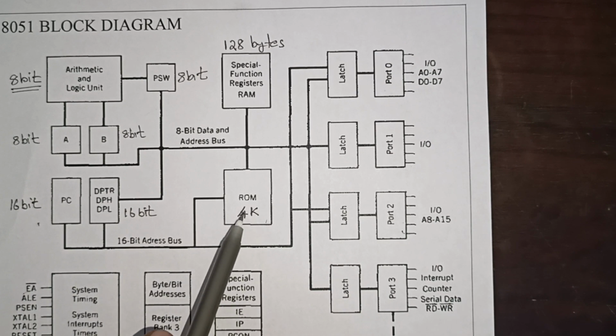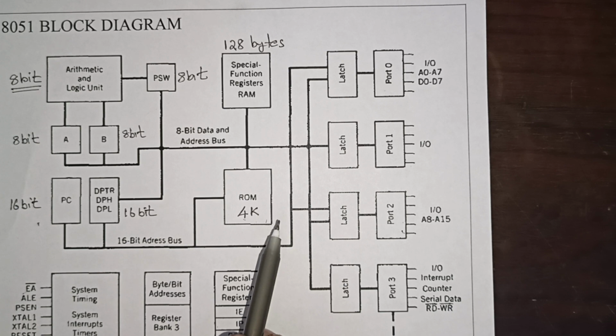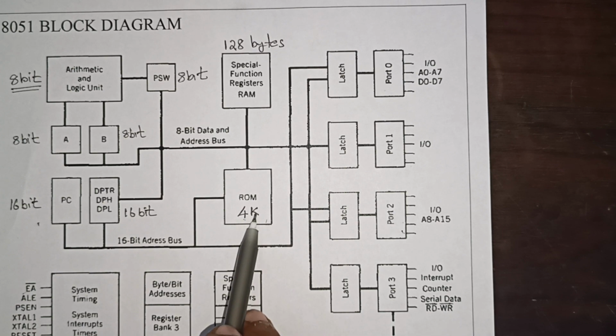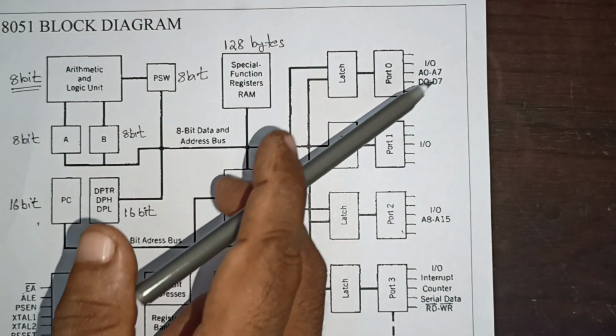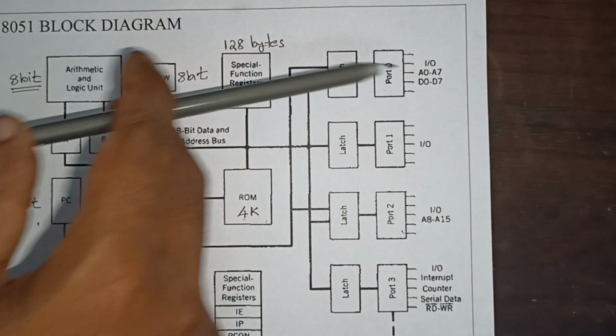We already have 4K ROM inside our 8051 microcontroller. If for any reason this is not enough for our program, say our program is 32K long, we cannot store it in 4K ROM. In that case, we can connect additional memory, additional ROM, to the 8051 through these pins.